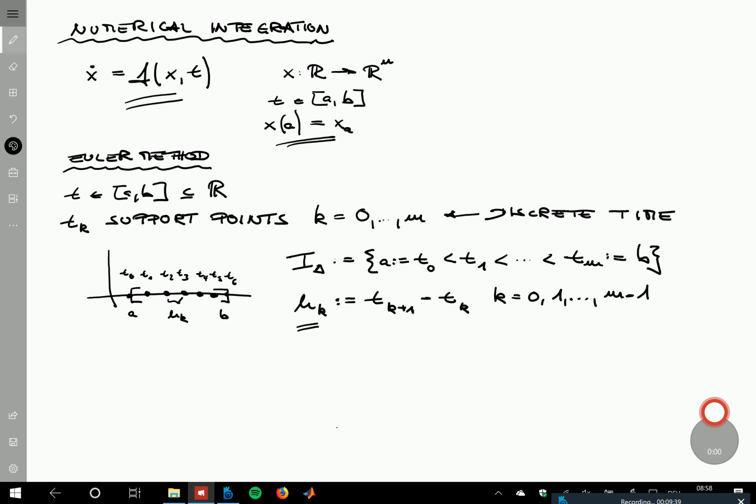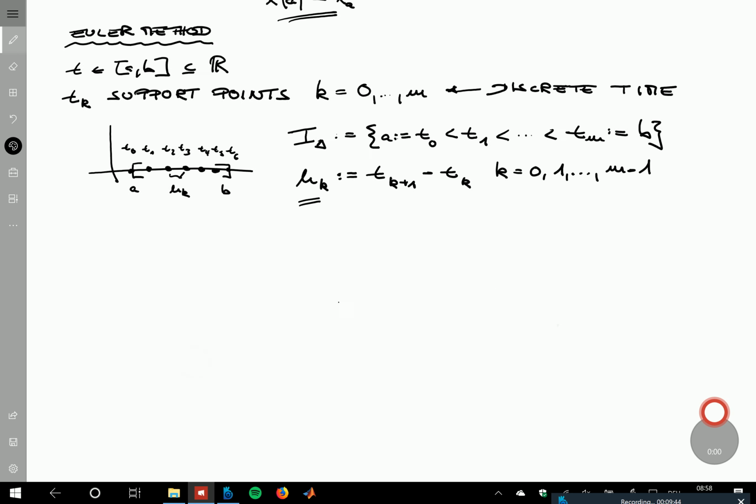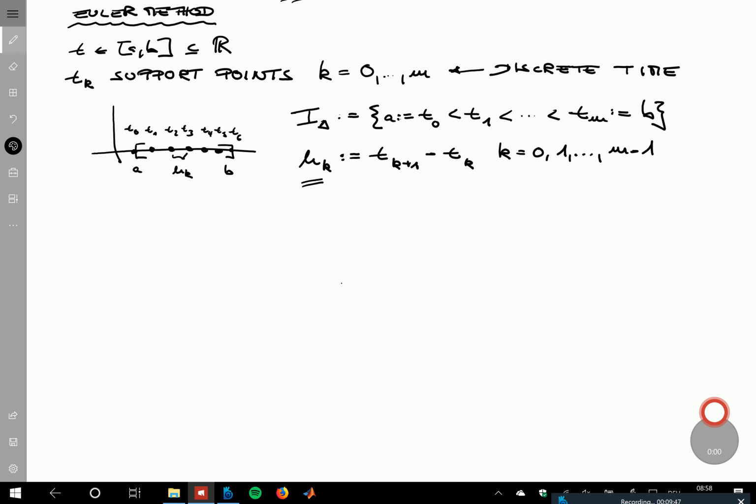Yeah, and then the aim of these numerical integration methods is to actually approximate the value of the function that we are looking at, the function for which we have an initial value problem, at these discrete time points. And these approximations are denoted here by xk. So don't get confused.